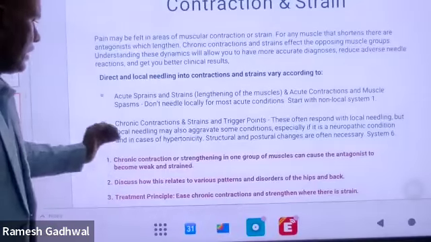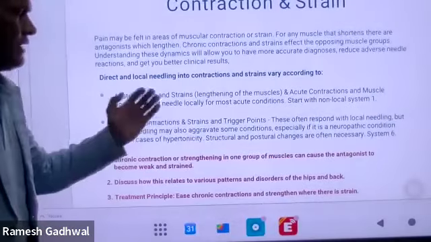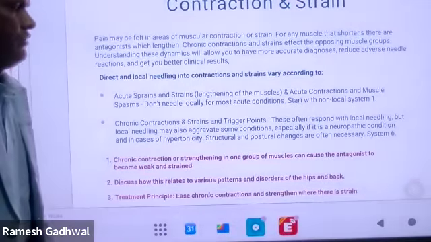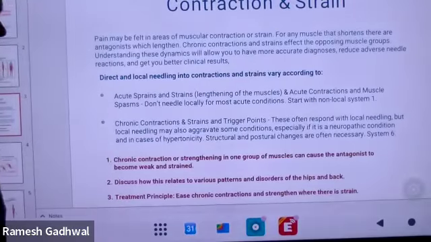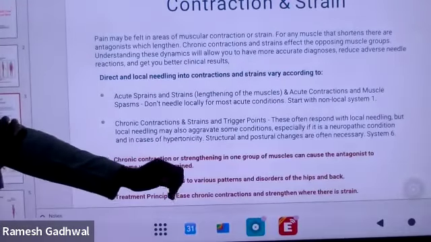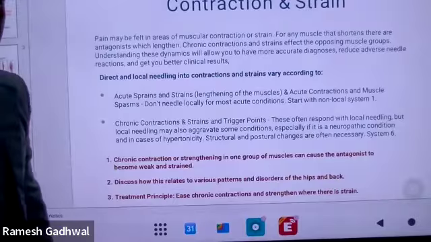But local needling may aggravate some conditions, especially if it is a neuropathic condition. And in case of hypertonicity, where the muscle is hypertonic, structural and postural changes are often necessary.